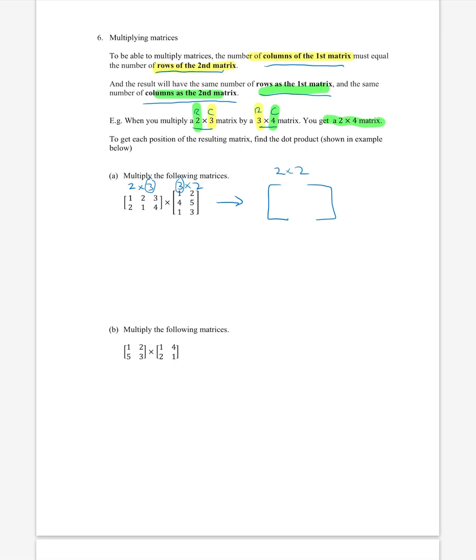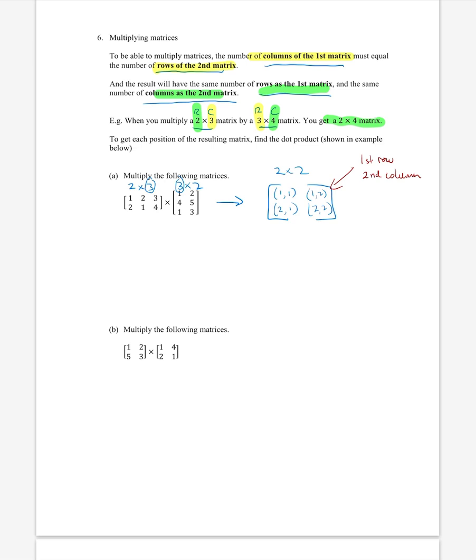Well, if we do a little bit of labeling, that's the first row, first column. This is the second row, first column. First row, second column, and second row, second column. They're the 4 things I've got to find. Okay, so just making that super clear. This little symbol stands for first row, second column. So let's find these 4 things, and I'll show you how to do that with the dot product.